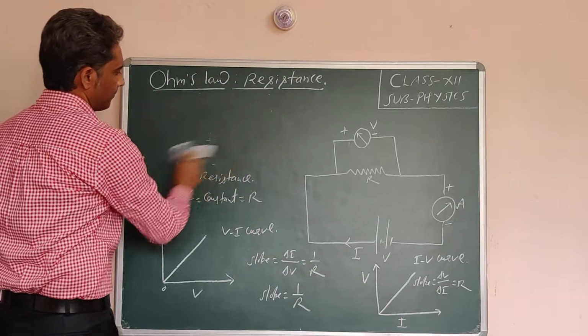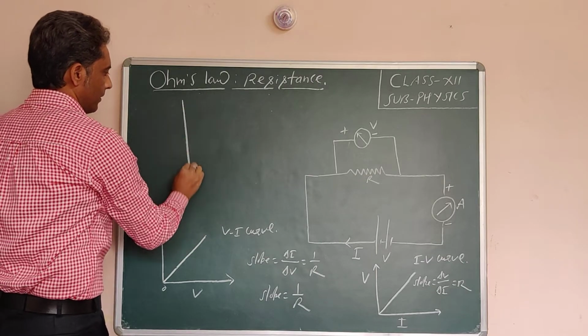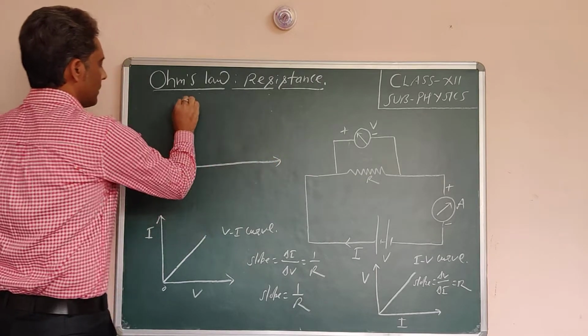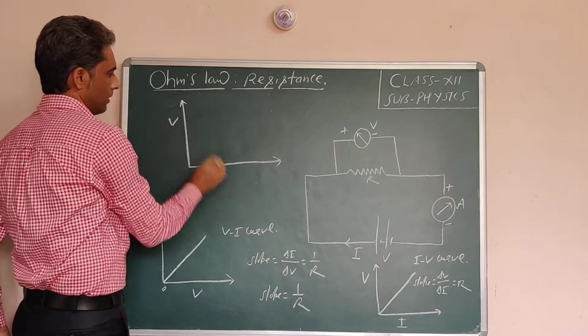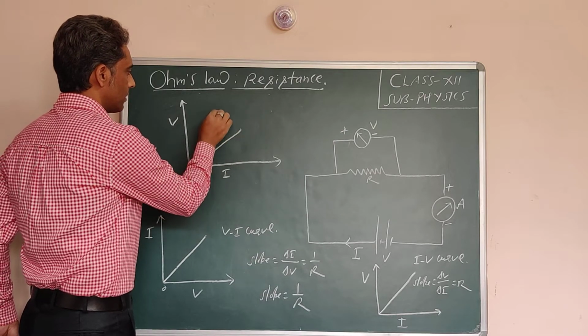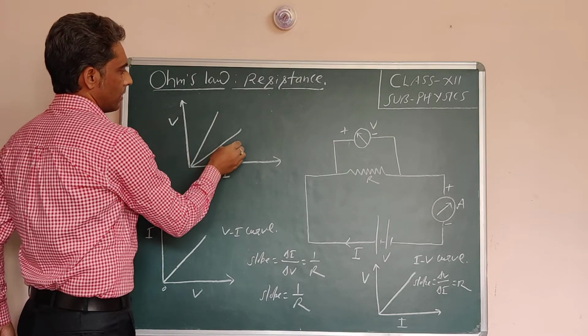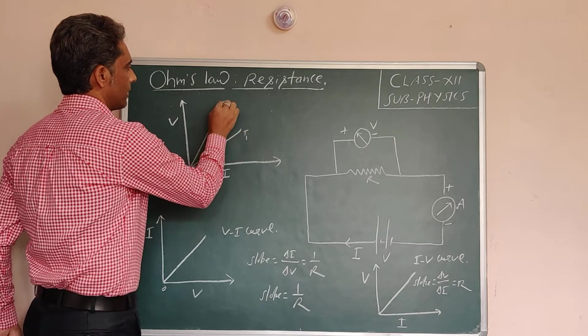Means if we are having two curves for the same material at different temperatures, let this be at temperature T1, this be at temperature T2.